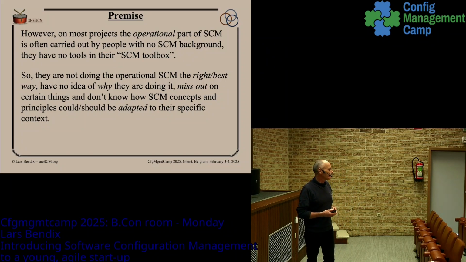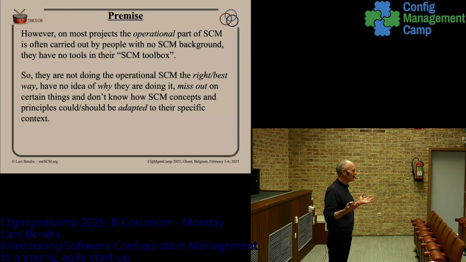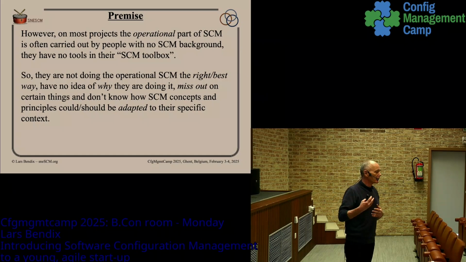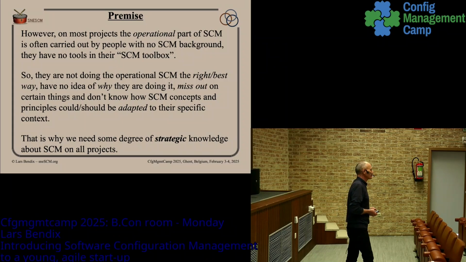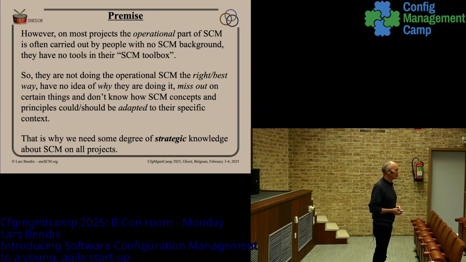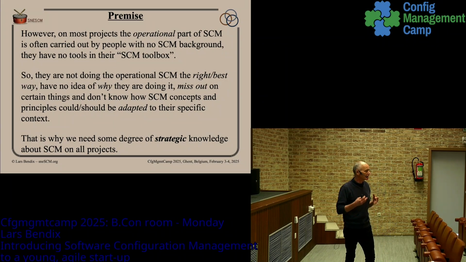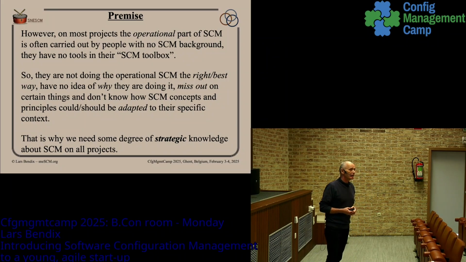And since they don't know why they're doing it, what the task is, what the problem is, what tools we could use, they don't know how they can adapt what they've been taught to do in a different context. So we need some strategic software configuration management. We need someone who can design the software configuration management processes and who can also teach and educate the people who have to carry out the operational work.